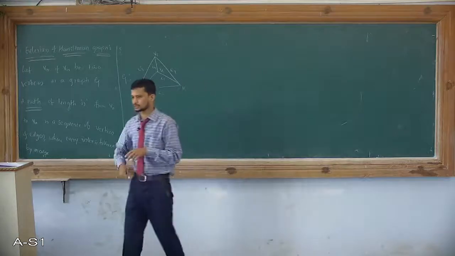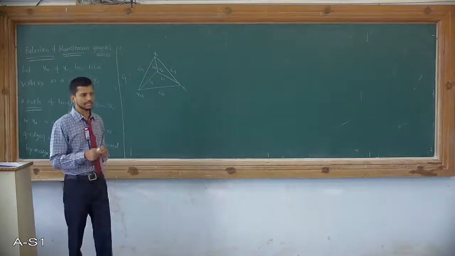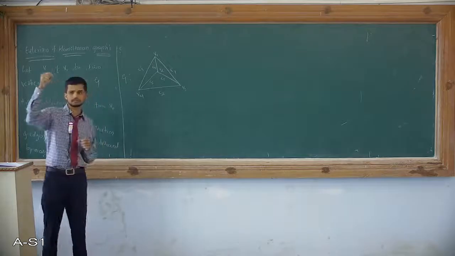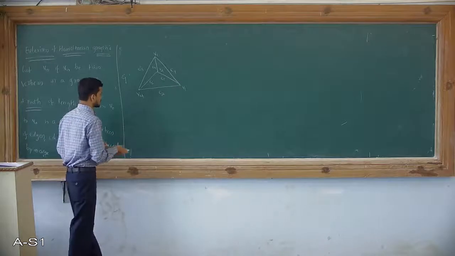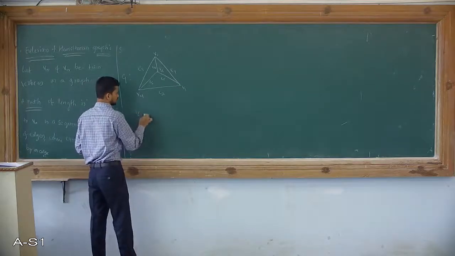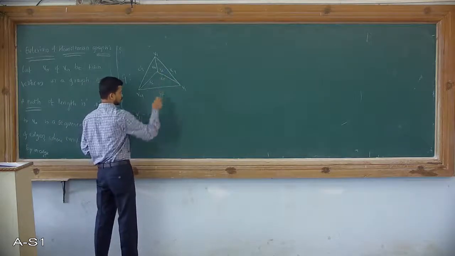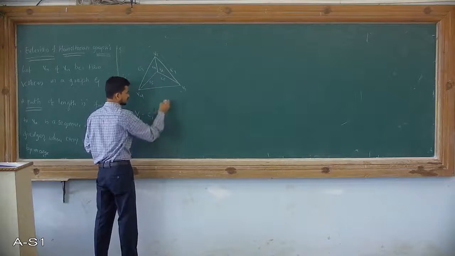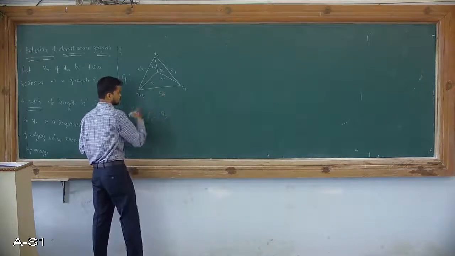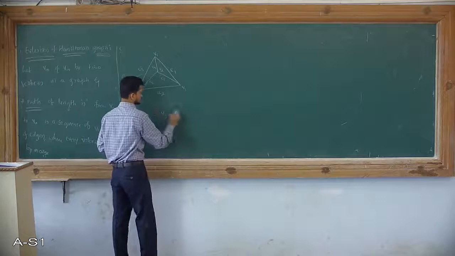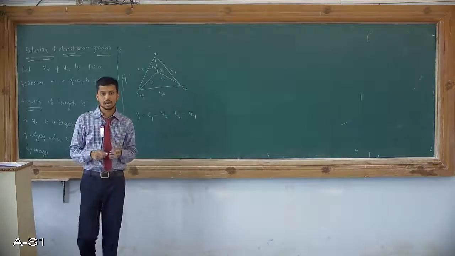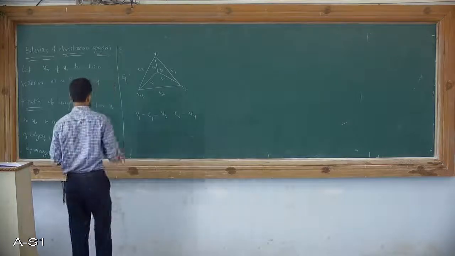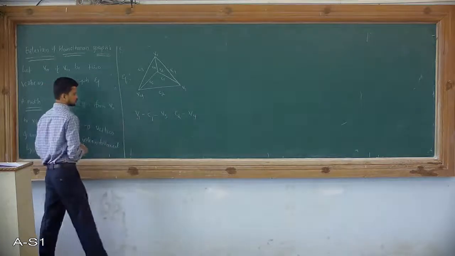So the path is V1, he goes along edge E1, then delivers to V3, again goes along edge E2, then delivers to vertex V4. So this is one path.